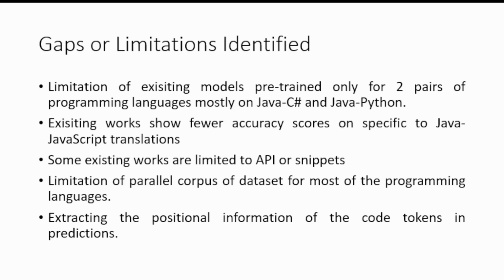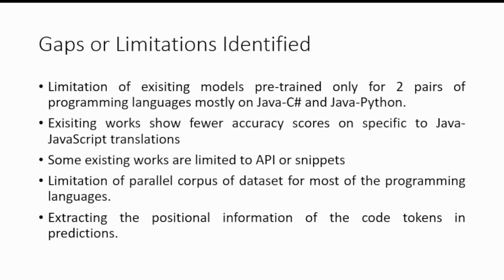And the existing works show lower accuracy scores specific to Java to JavaScript translation. So that was a specific reason why I chose the Java and JavaScript programming language pair for the translation task of my final year project.